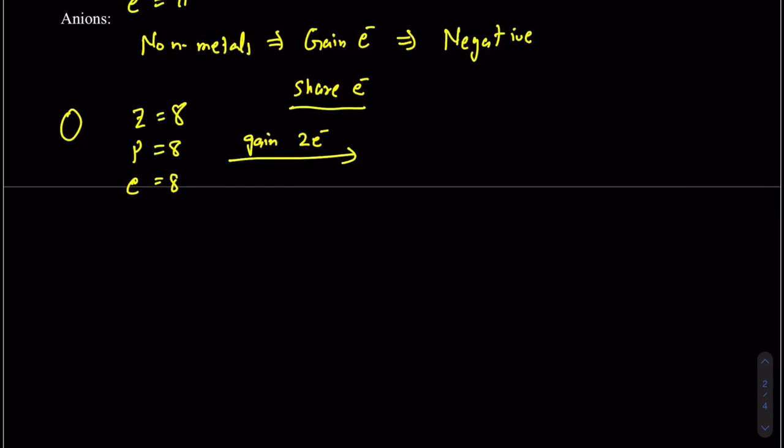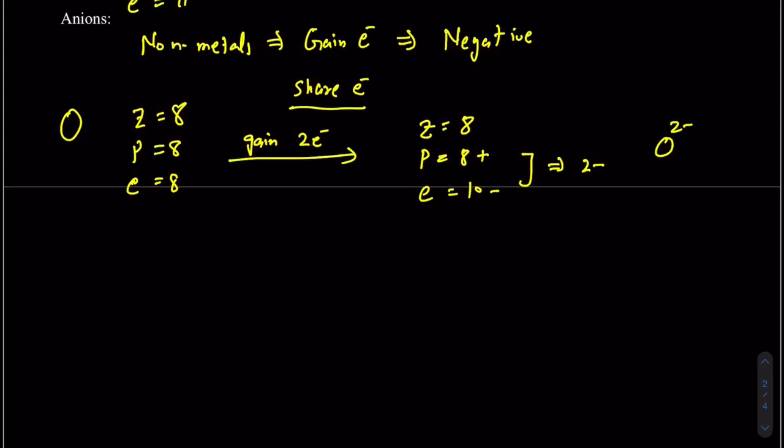So when it gains 2 electrons, the atomic number is still 8 and the number of protons is still 8, but now the number of electrons is 10. So when I look at this protons and electron distribution, we have 8 plus and 10 minus here. So overall it's going to be 2 minus. So when oxygen makes the anion, it gets a 2 minus charge.